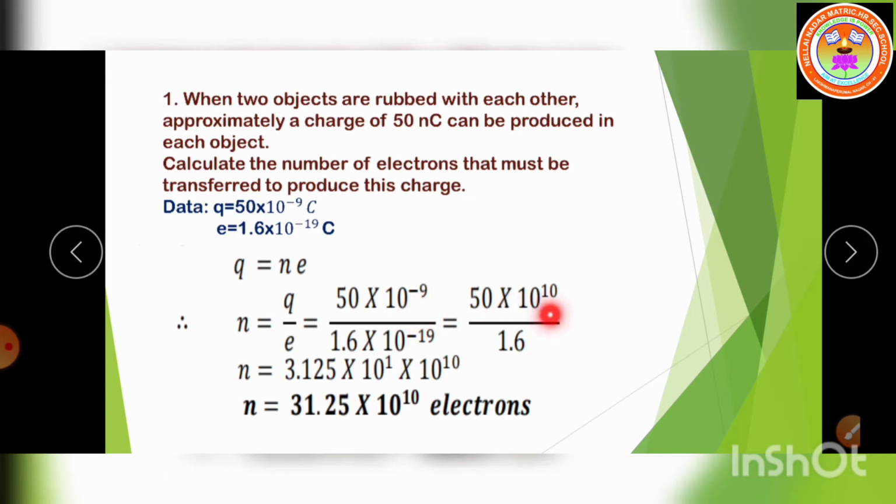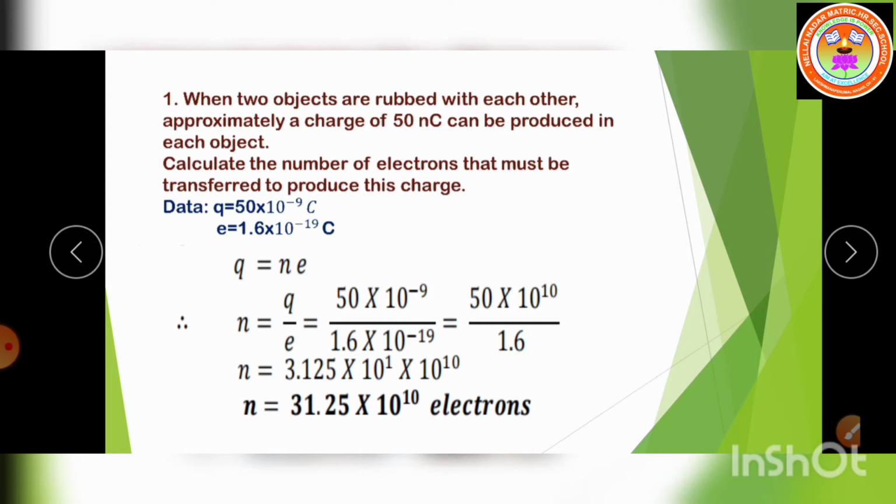So 50 into 10 power 10 divided by 1.6. If you do the calculation here, we get the answer 31.25 into 10 power 10 electrons.